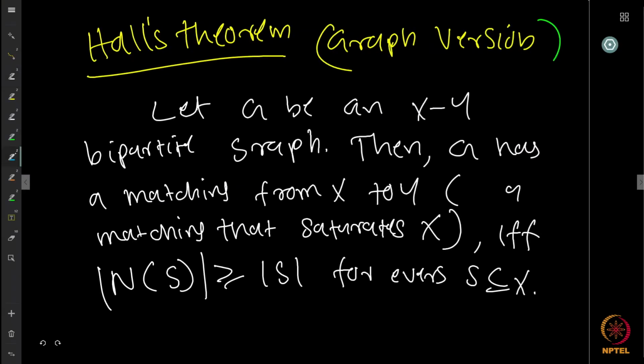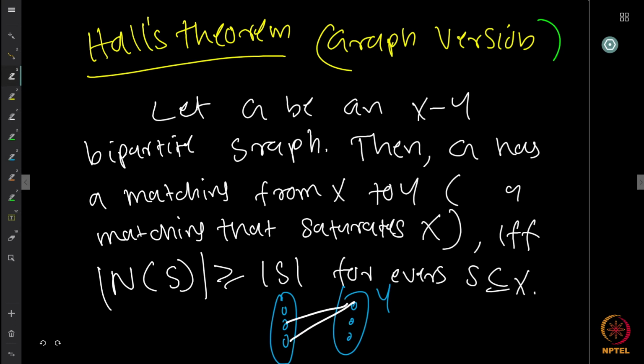This is the set Y with the ladies, and then the men, and each lady says, I am willing to marry these two guys. This lady says I am willing to marry this guy. This lady says I am willing to marry this guy, and maybe also this guy.